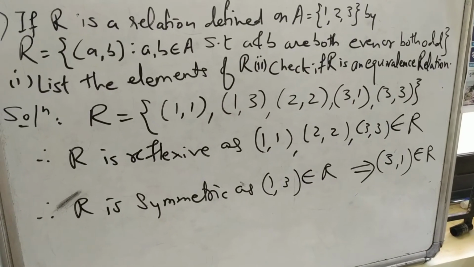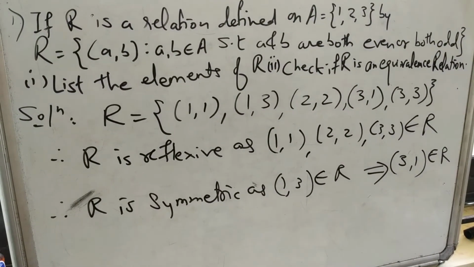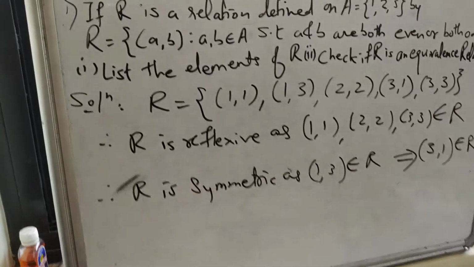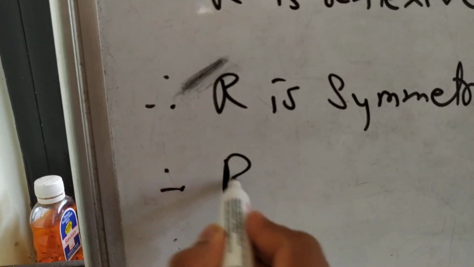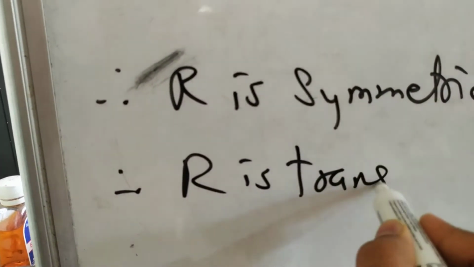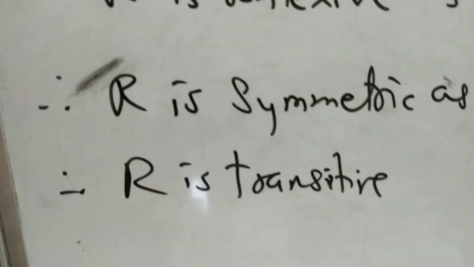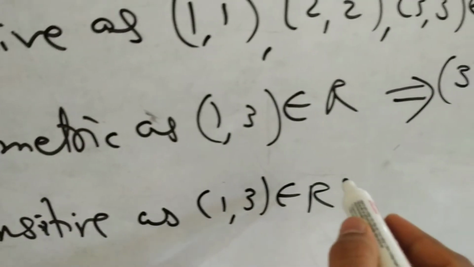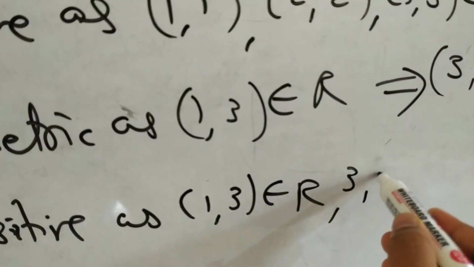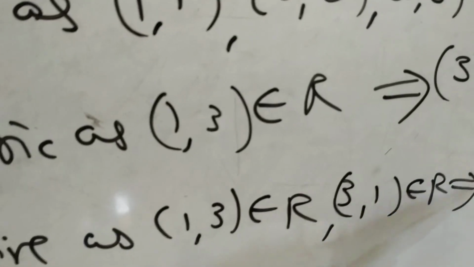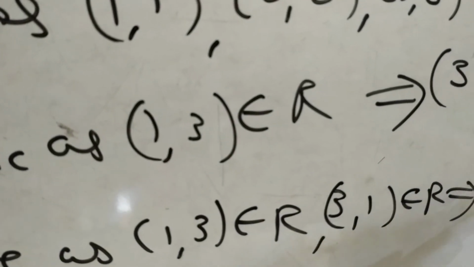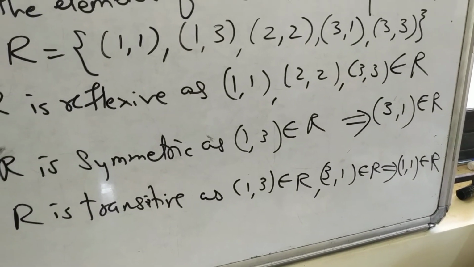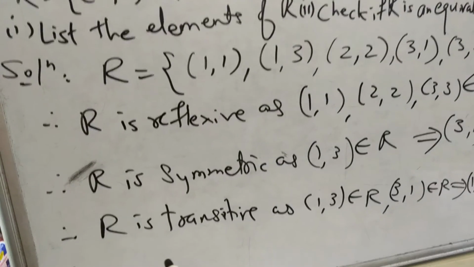Here we can see that (1, 3) belongs to R and (3, 1) belongs to R implies (1, 1) belongs to R, and therefore R is transitive as (1, 3) belongs to R, (3, 1) belongs to R implies (1, 1) belongs to R. So we have seen R is transitive.